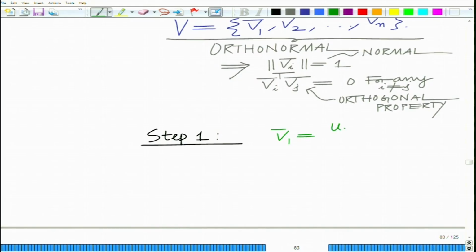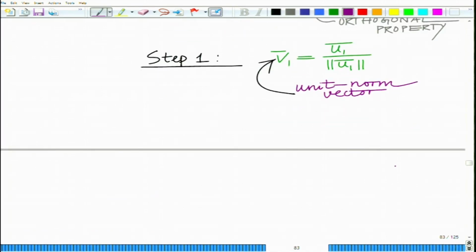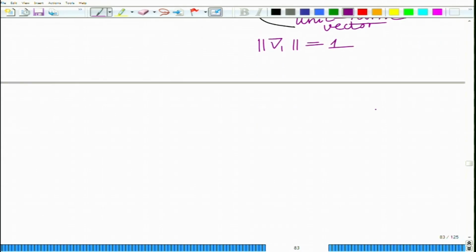At each step we create a set of orthonormal vectors. So, the first step is we create a vector V1 bar equals U1 bar divided by norm U1 bar. You can observe that this is unit norm, because in fact what we are doing is we are normalizing vector U1 bar by its norm. Okay. So, that implies norm V1 bar equals 1, so far satisfies the criterion for Gram-Schmidt orthonormalization.